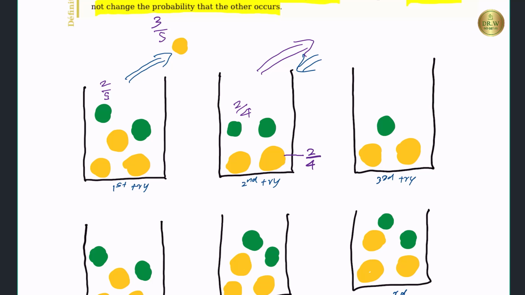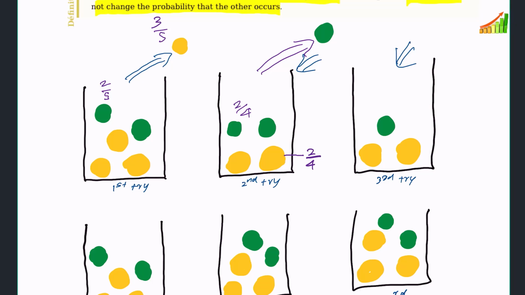Now you have a green one in your hand. Now what do you see? You see this can now, right? So now you have only 3 balls here, 1 green and 2 yellows. So when we do this without replacement, meaning without putting it back, how many more times can you do it? Only 3 times.